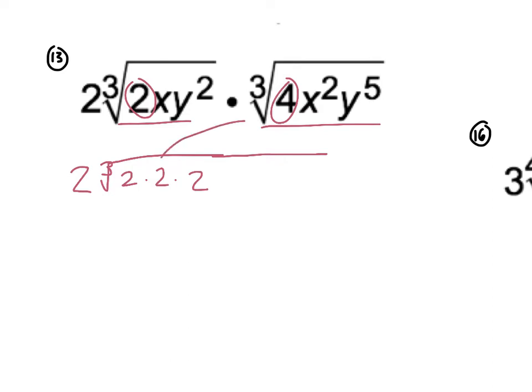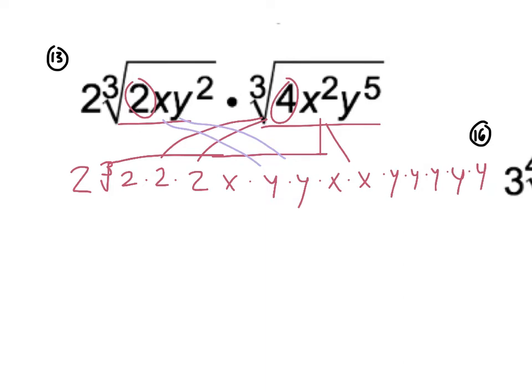So I got these 2 from the 4. And then we have an x and 2 y's in the first one. And then we have 2 x's from the second one. So these 2 x's came from there. These x's and y's came from here. And then we have 5 y's. So y times y times y times y times y.